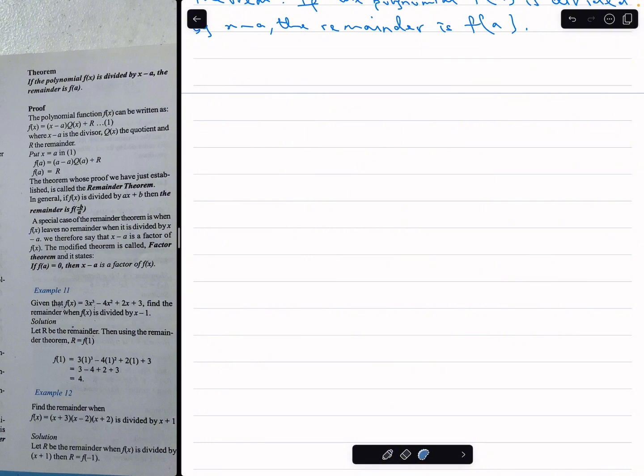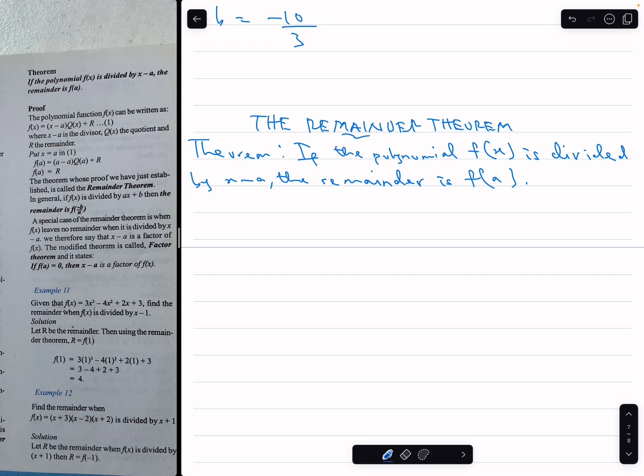So the remainder will be f of minus a. Now let's take a few examples to explain that.